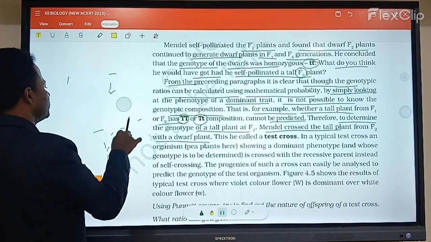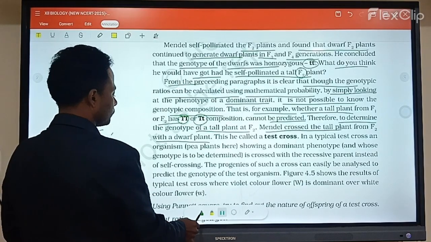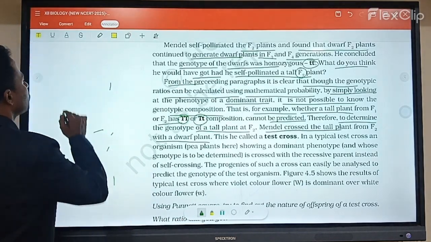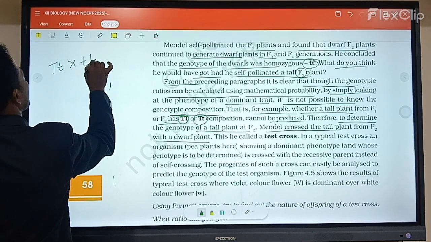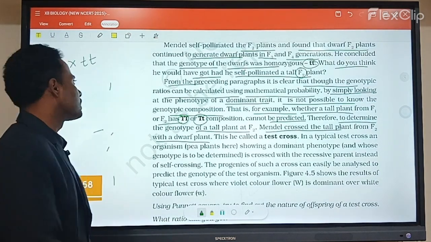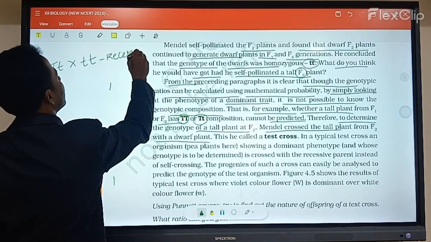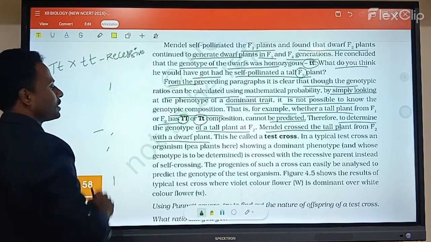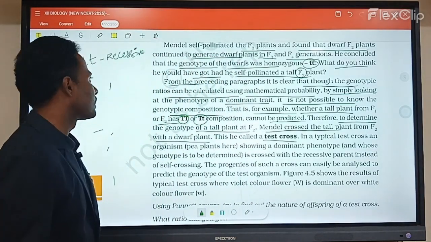Let us see. So he crossed the heterozygous plant with the homozygous recessive plant. That is called a test cross.